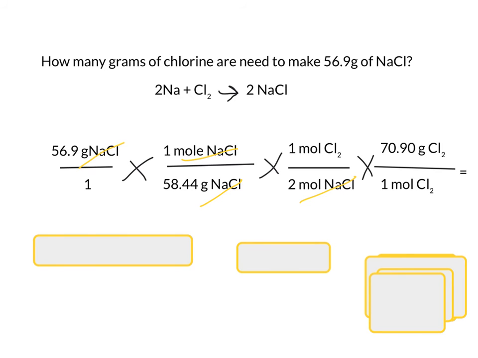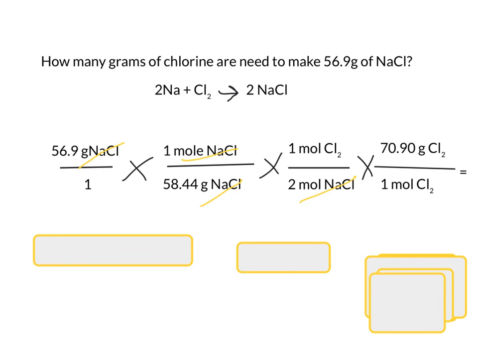Now, we have these big honking handy-dandy calculators, and we're just going to put this into our calculator. So I go piece by piece. I'm going to take 56.9 grams divided by 58.44, then divided by 2 times 70.9. If it bothers you, you can put the 1s in there.